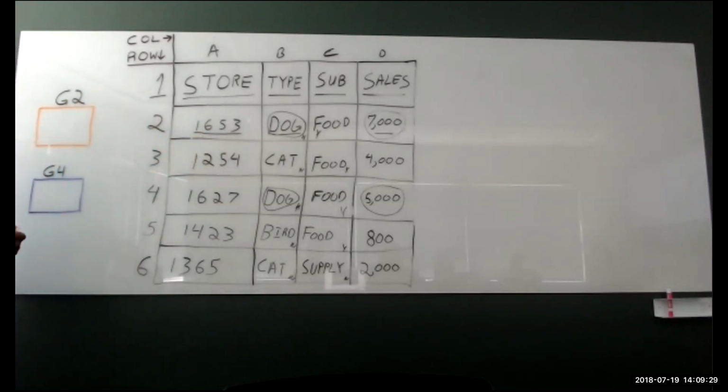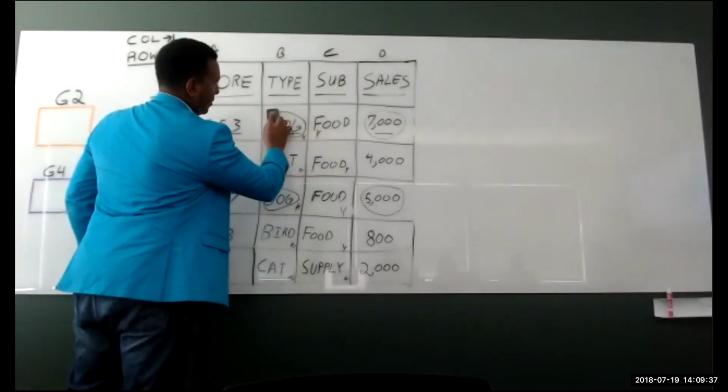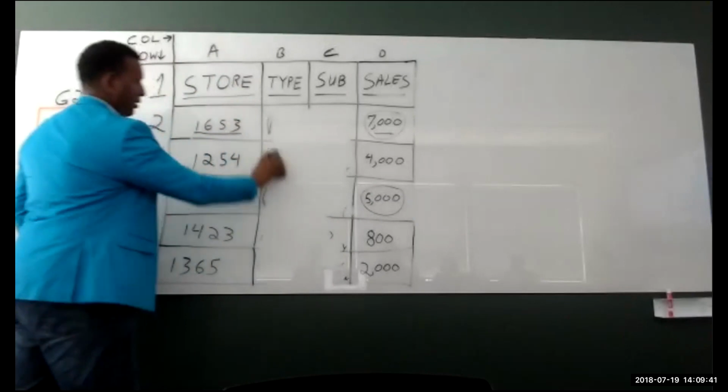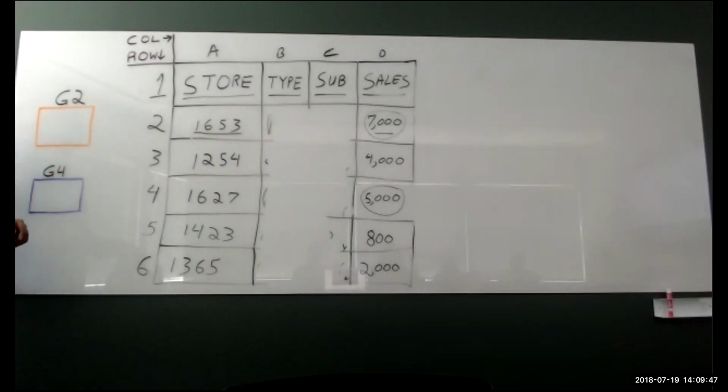Okay? So in the VLOOKUP, if we wanted to know, and I'm going to just eliminate this stuff because this will just throw it off. Okay? If we wanted to know the sales for store 1653, and we're going to use our reference sales again. We're going to use, let's go 1627. Okay? So this is our reference cell for our VLOOKUP.